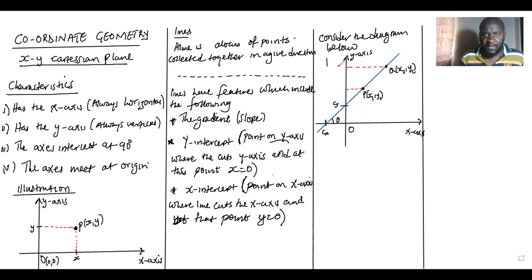Here I will identify this as y2, this one as y1, then horizontally this one as x1 and this one as x2.